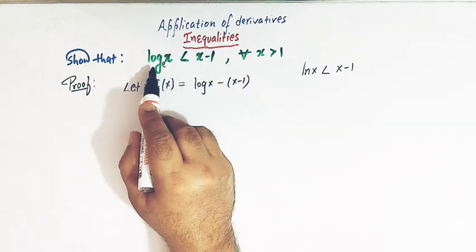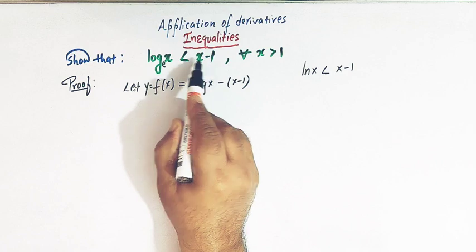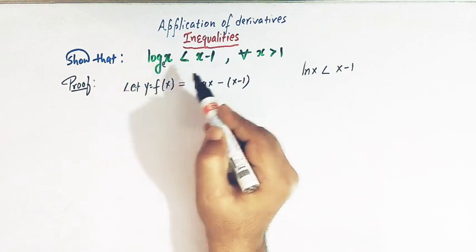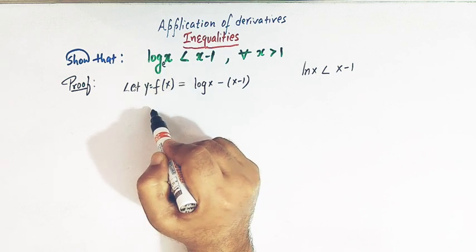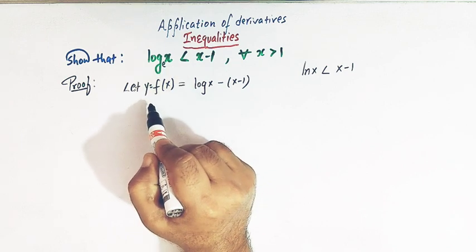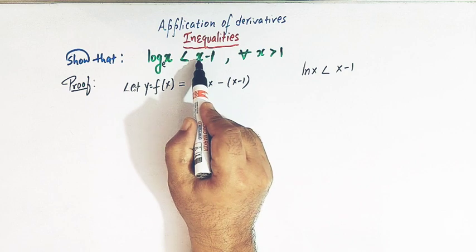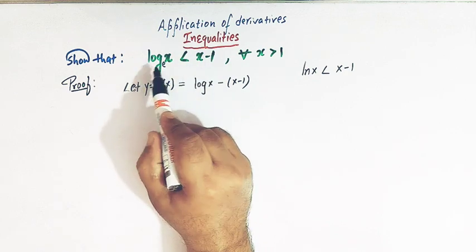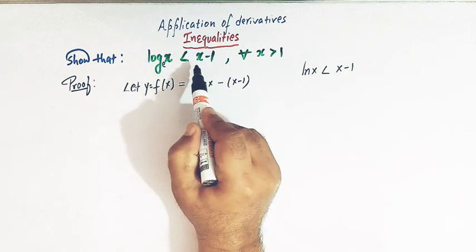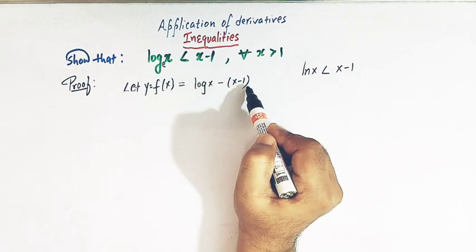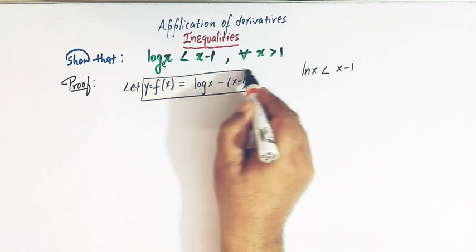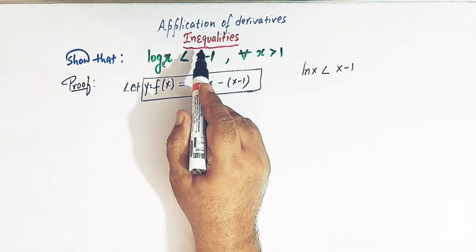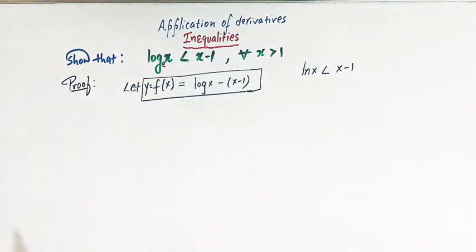Now see, we have to prove this inequality. So from the inequality itself, we can take help of assuming the function f of x, right? So if we take x minus 1 to this side, then we have log of x minus x minus 1, right? So the first step towards proving these type of inequalities is to assume an appropriate function, right?